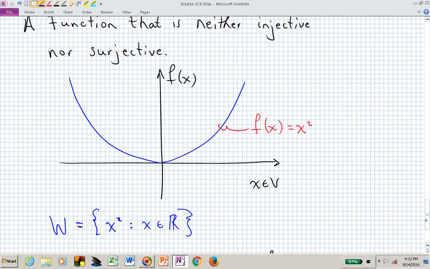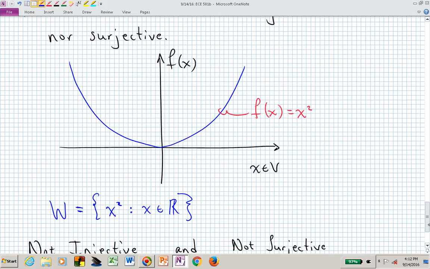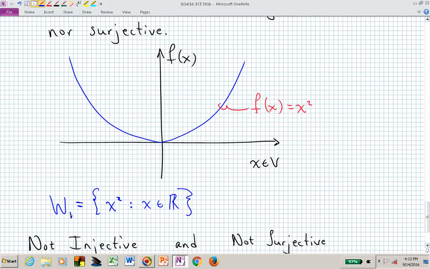Suppose that f of x is, let me call this W1, and let's say that W is all of R. So we wanted our output vector space to be all values of R. This particular subset or subspace for this function, W1, is just the set of non-negative values.